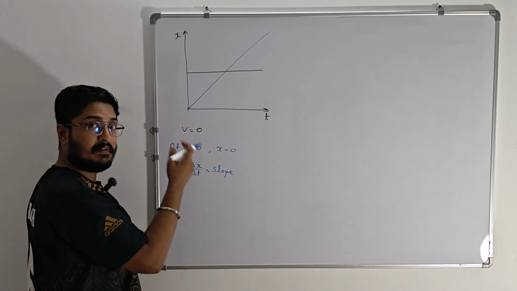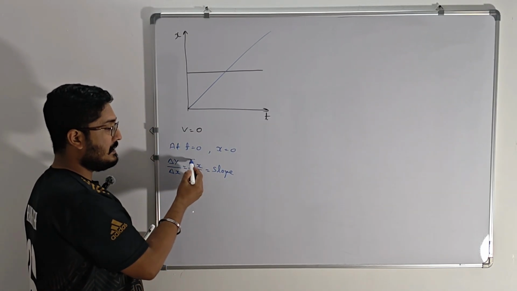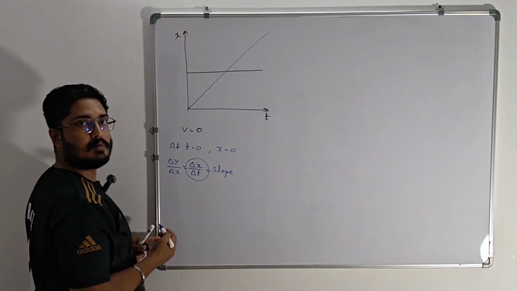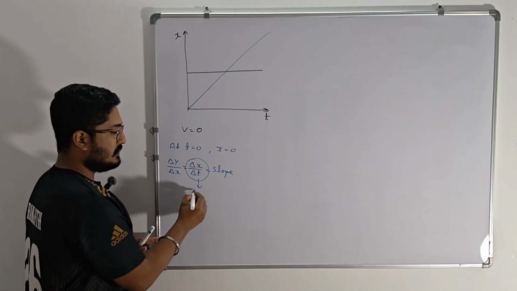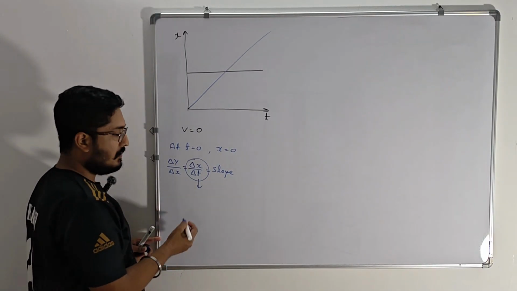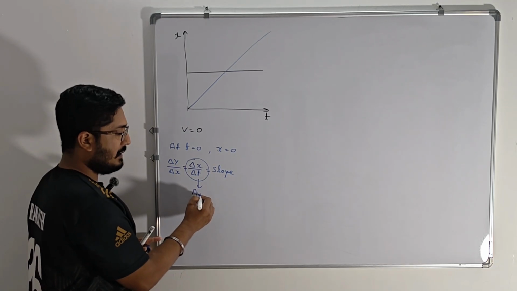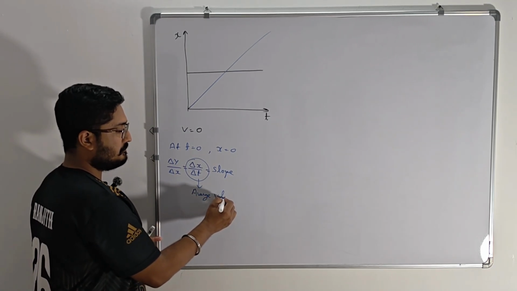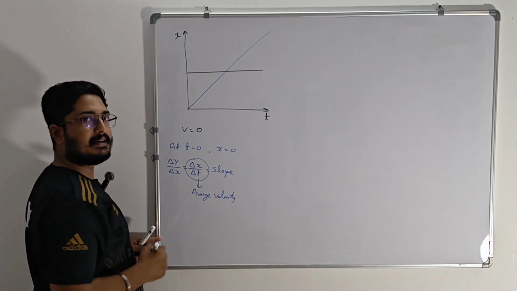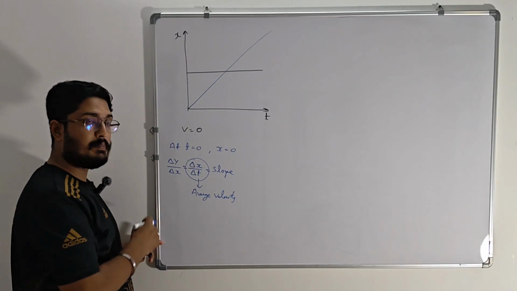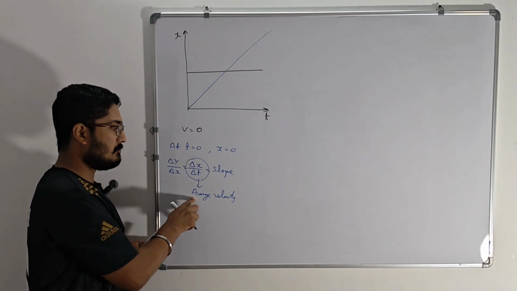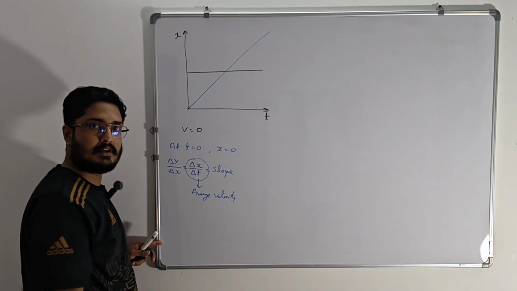And we know from the previous video that delta x by delta t represents the speed or velocity. I can say average velocity, because I am calling x the position, so change in position gives me displacement. That's why I'm calling it average velocity.